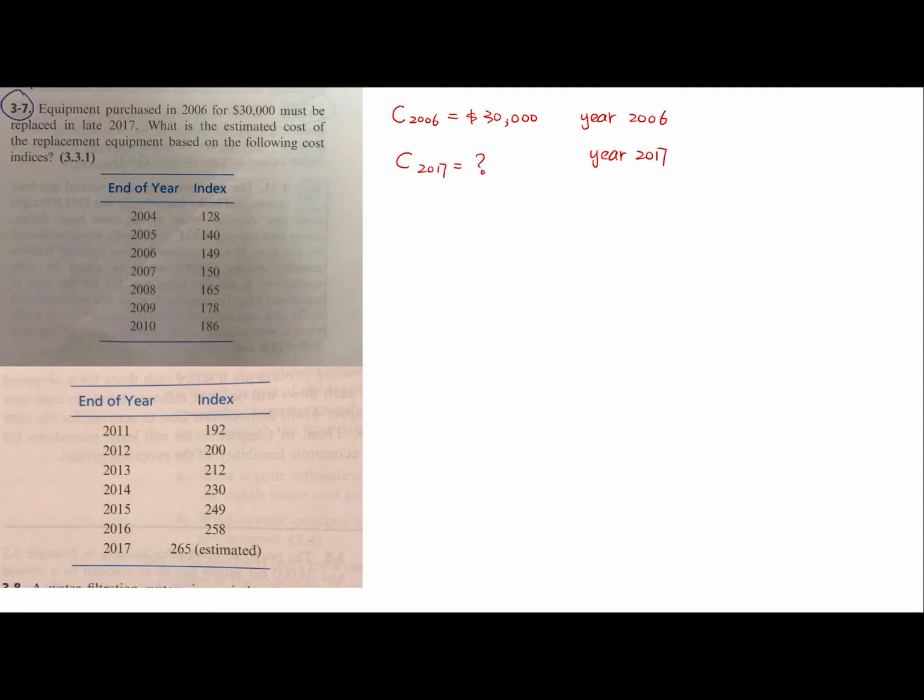In our case, you know the price of the equipment in year 2006 is 30,000, and you also know the index of this equipment in different years, from 2004 to 2017. So you know the index and the historical price, and now you want to estimate the future price. Do you remember that formula?